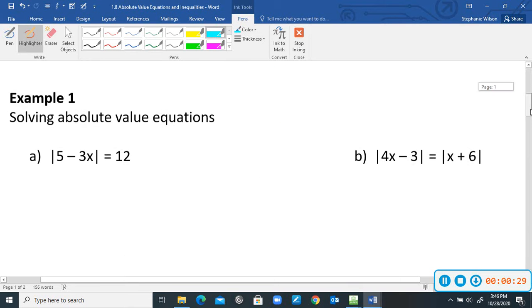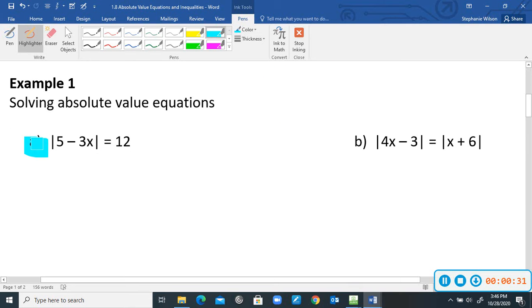First things first, let's look at part A right here. I need to make sure that first my absolute value is isolated, meaning it's by itself on either side of the equal sign, and it has a positive 1 coefficient on it. Since you don't see anything in front of this absolute value sign, that means it's a positive 1. We just don't write it.